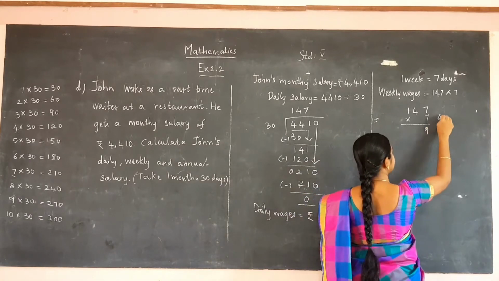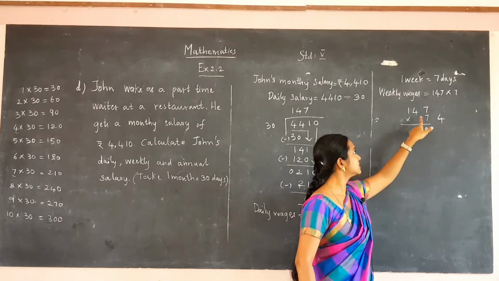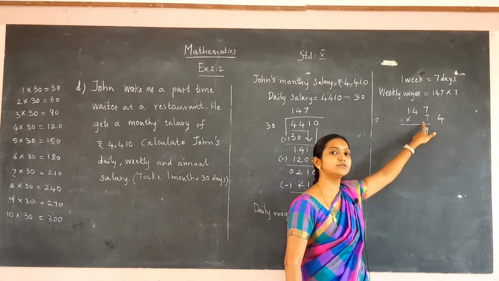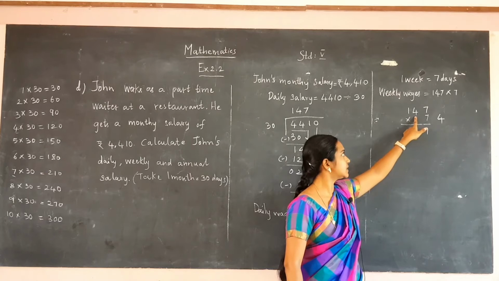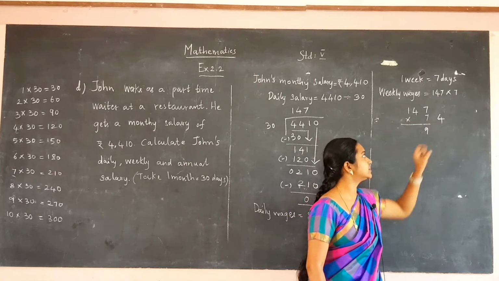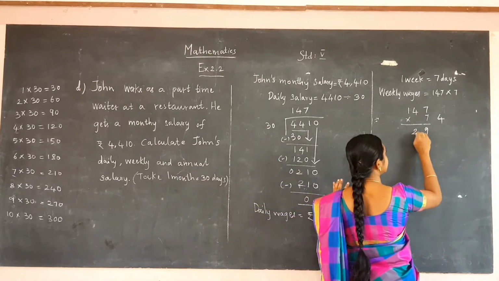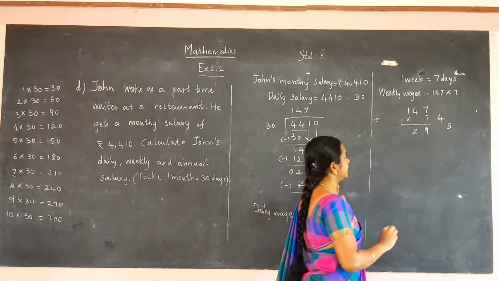So write 9 here and 4 will be the remaining. Now 7 into 4. 1 7 is 7, 2 sevens are 14, 3 sevens are 21, 4 sevens are 28. Now add 4 to 28. 29, 30, 31 and 32. So write 2 here and 3 will be remaining.